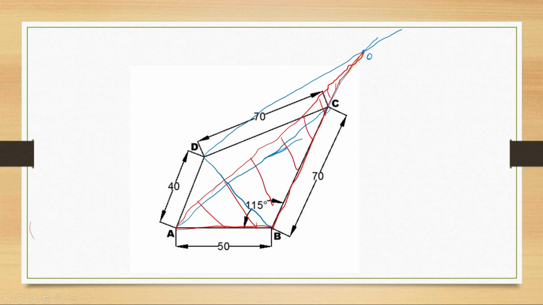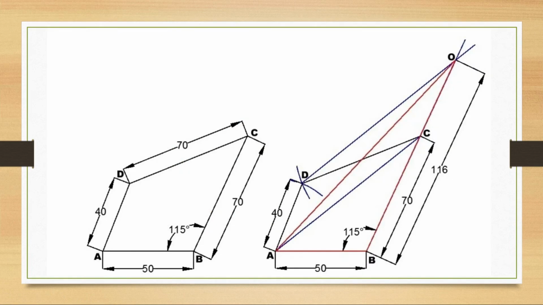So let me show you again the actual drawing. In this drawing, as I mentioned before, A and C was the longest hypotenuse, so I drew one guideline through AC, and with the drafter I transferred that line, or I drew the new line parallel to the same line AC, which is from D. Then we have to extend BC till it intercepts the extent of the line from D. This is the 1, this is the 2, and this is the third side of the triangle, which will have the area equal to the quadrilateral ABCD.